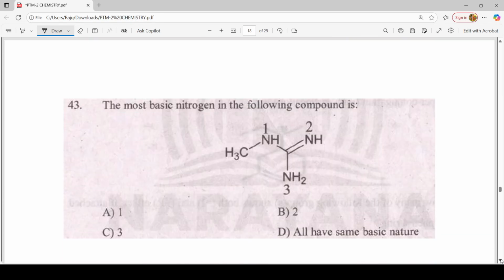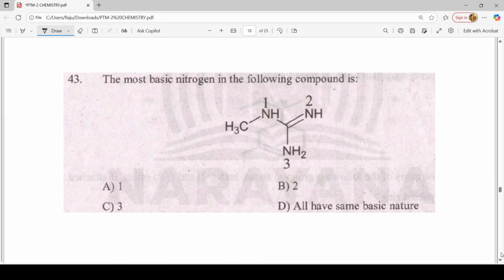Next, come to the 43 question, students. This is based on the previous question, a PYQ question only. Students, if you see, nitrogen already has one lone pair of electrons, and between the carbon and nitrogen there is a pi electron cloud. As we know, pi electrons move towards the electronegative atom.